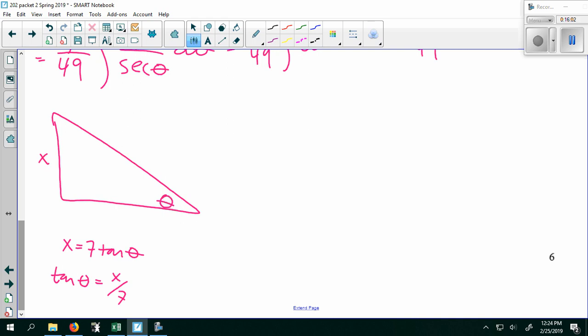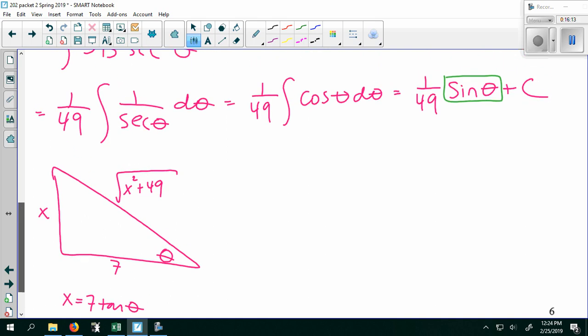So that is opposite over adjacent, x over 7, which means my hypotenuse is radical x squared plus 49. So sine of theta is opposite over hypotenuse. So I'm going to plug that in here. This is 1 over 49 times opposite x over hypotenuse, radical x squared plus 49 plus c.